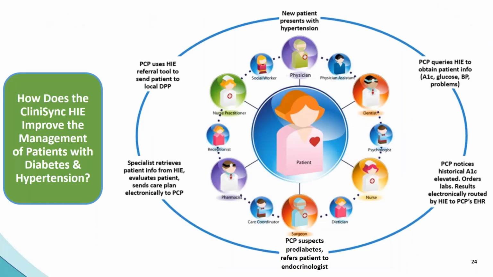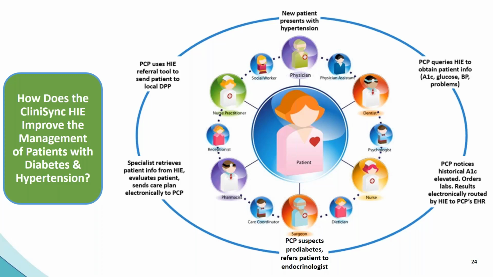So now let's step back and ask, how does an HIE really support the care and treatment of a patient with diabetes, prediabetes, or hypertension? What the HIE does is it makes the patient central to the visit. Let's step back a few years.